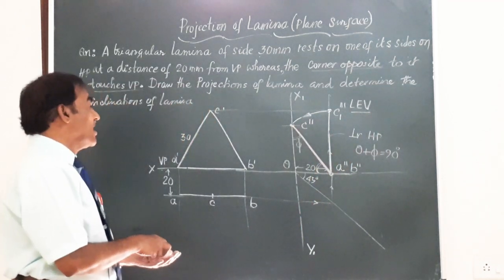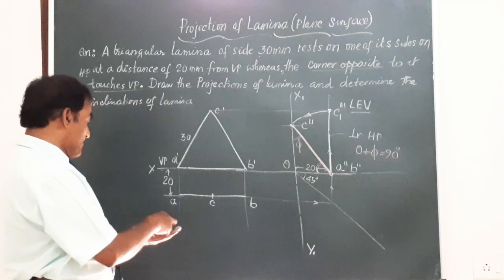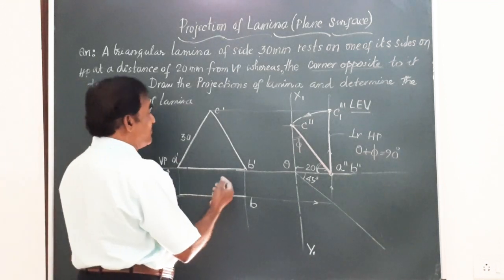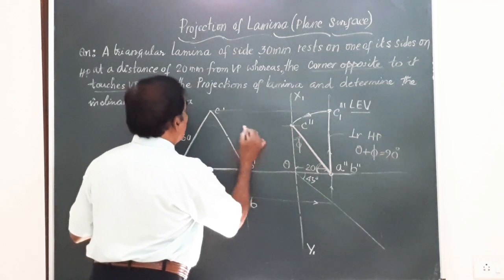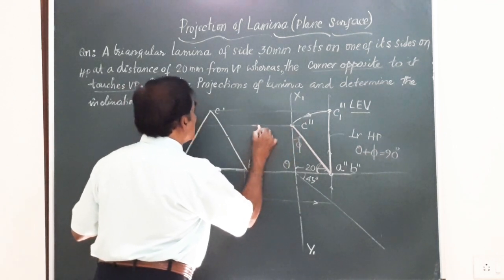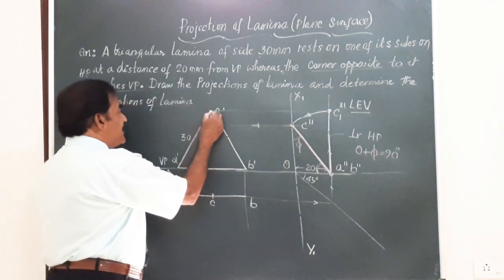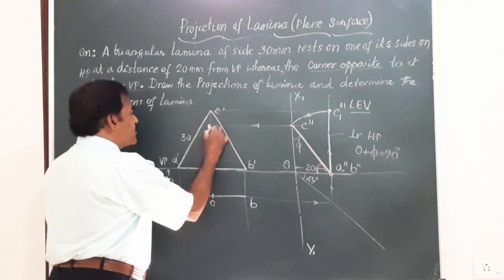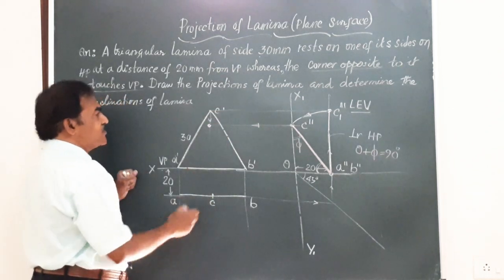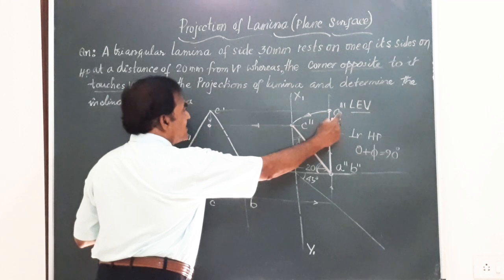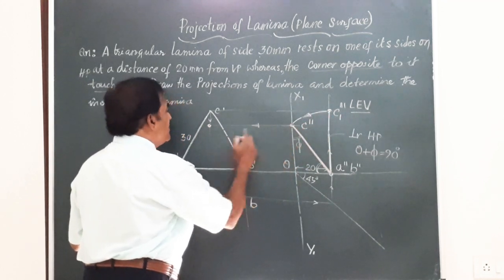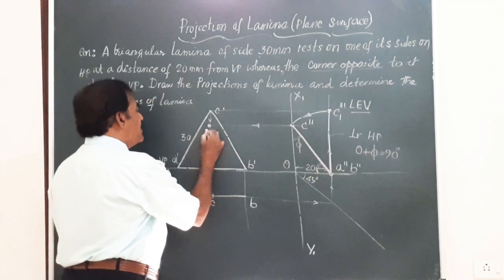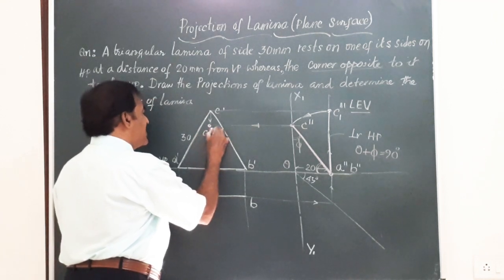Finally, I should get how it looks in the front and top views. Friends, look here, I have this C dash. I draw a thin line from there. So a vertical from here, these two will meet here. So initially it was at this point, after rotation it has taken this position. So this is going to be your C double dash finally.